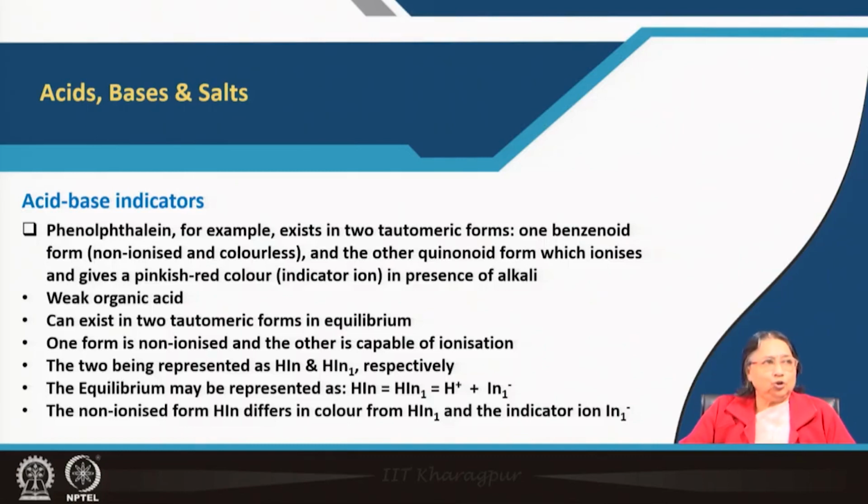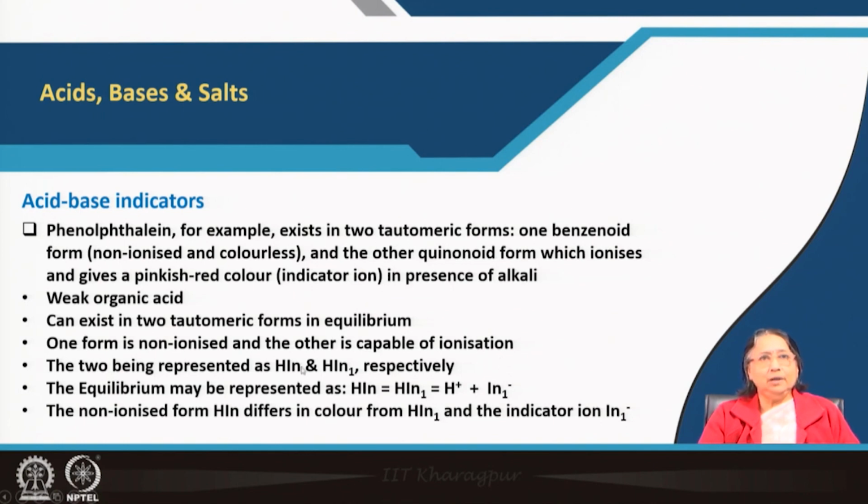And for phenolphthalein, I will tell you the characteristic of the tautomers. Tautomers can exist in equilibrium. They are different forms of the same molecule, and one form is the non-ionized form, which is showing one color, and the other is the form which is capable of ionization, that is giving another color.